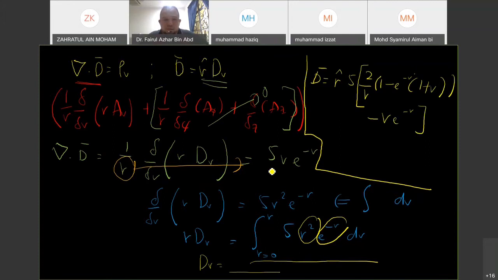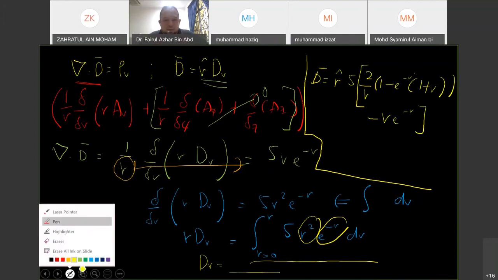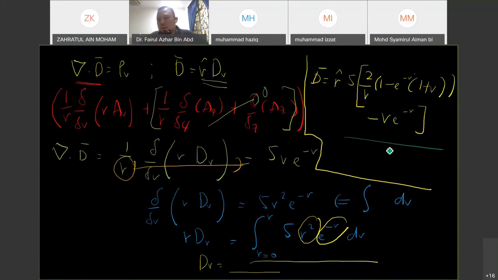So this is the answer given in the question. Basically, I've done it before, but somehow all the material is in my office, so I couldn't check. But I think I get the same answer as the answer given in this tutorial question.